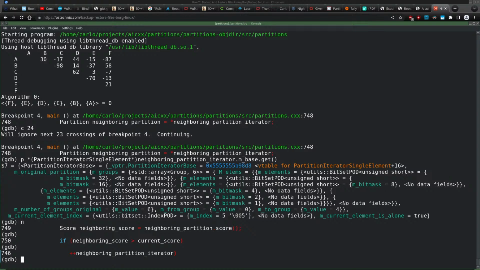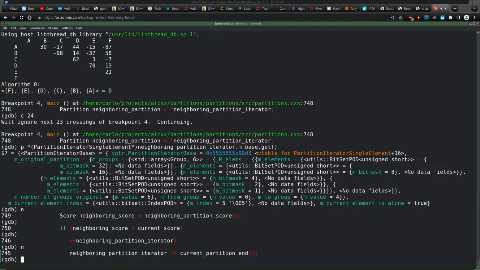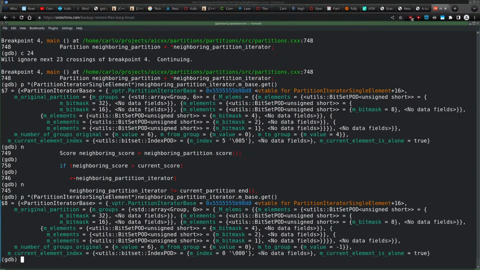Now we're going to do ++ neighboring partition iterator, and then I think it is incorrect. Yep.